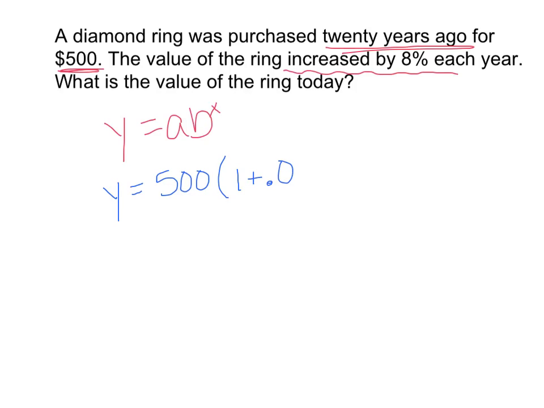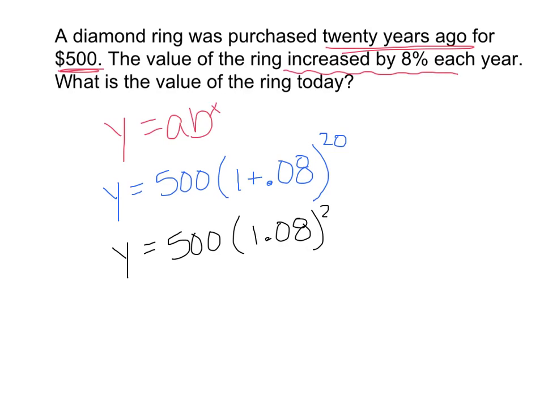So it's 1 plus 0.08. That's how we would write 8%. It's really 8/100ths. Then to the time, well, how many years have passed? How many chances has it had to increase by 8%? 20. So that's our exponent. So we can write this as y equals 500 times 1.08 to the 20.